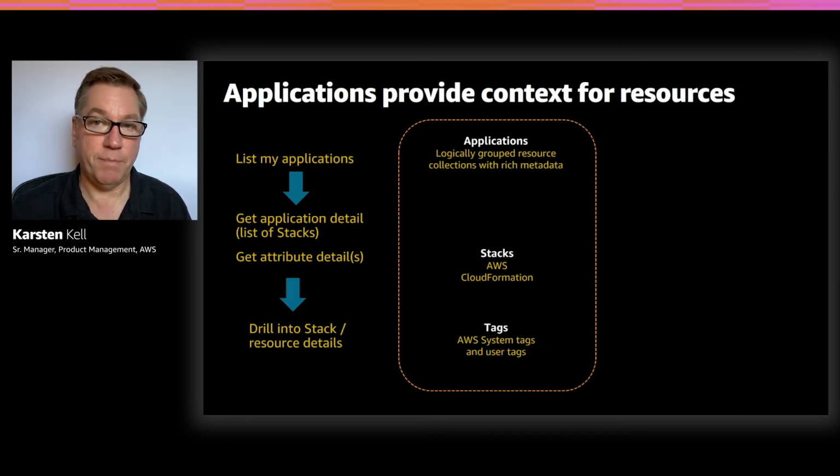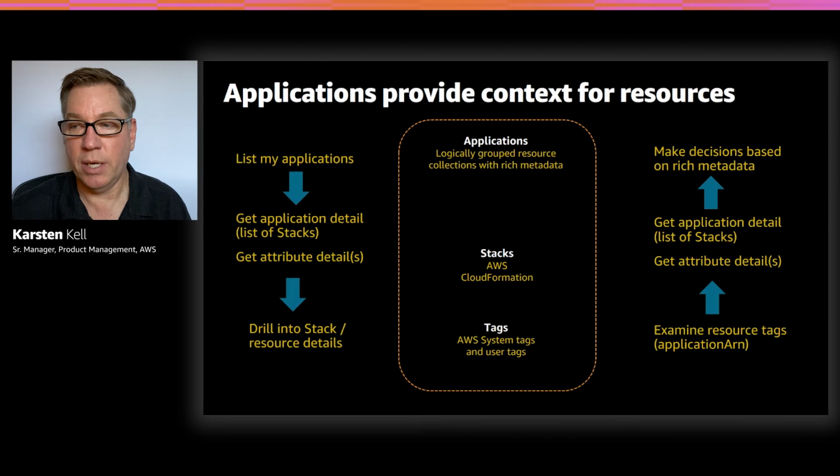Similarly, from a bottoms-up view, if I'm an IT operator and I'm looking at the EC2 instances that are provisioned, I can look at the tags, but I may want more context in order to know what to do with a particular EC2 instance. With this, I can go back up the chain and know what application that came from.